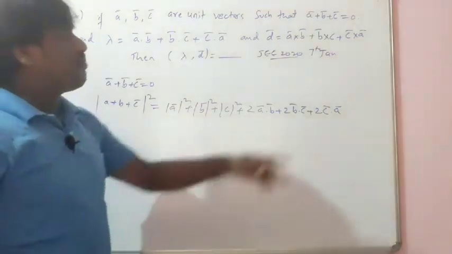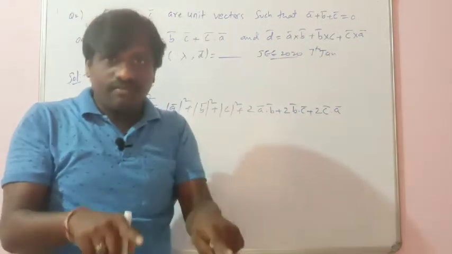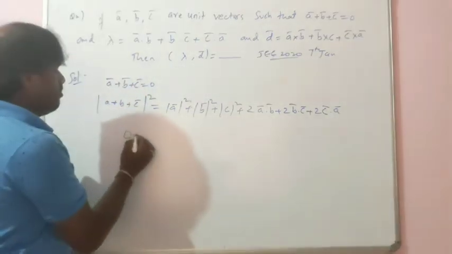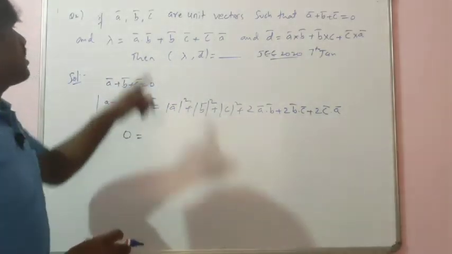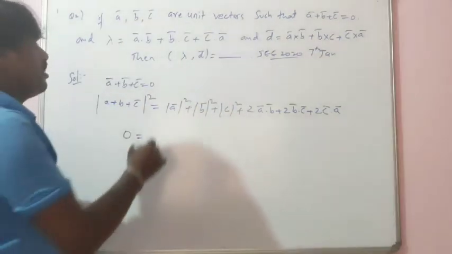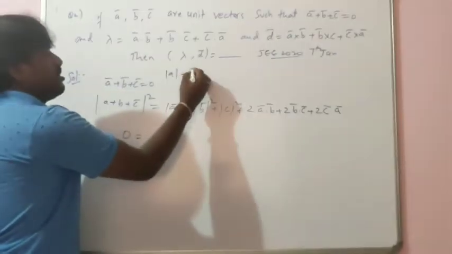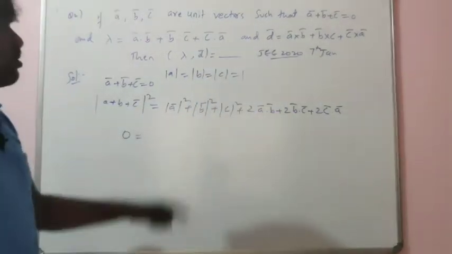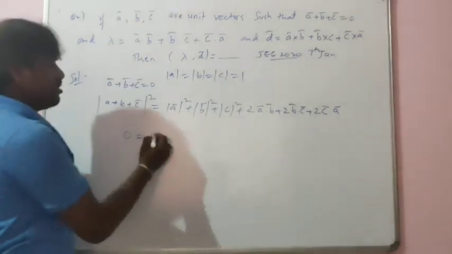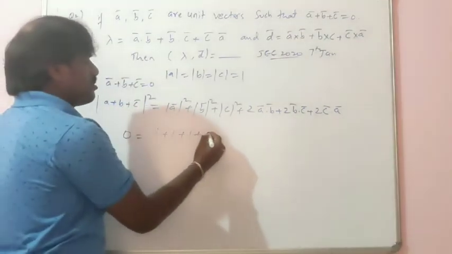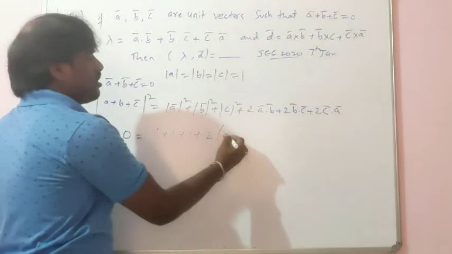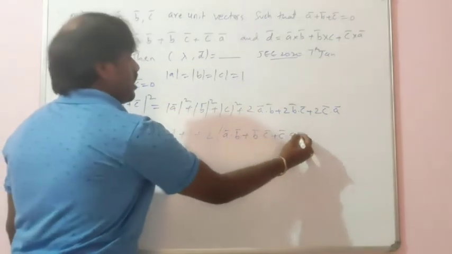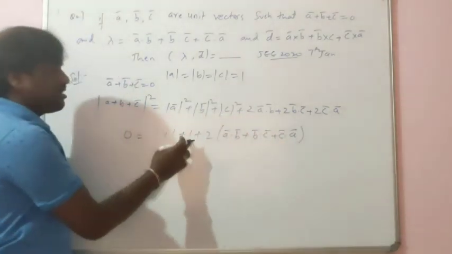They gave A + B + C = 0, so the modulus of that result will be 0. And A, B, C are unit vectors, so |A| = |B| = |C| = 1. I can substitute 1: 1 plus 1 plus 1, plus 2 times, taking common, A·B + B·C + C·A. So 1 plus 1 plus 1 is 3.